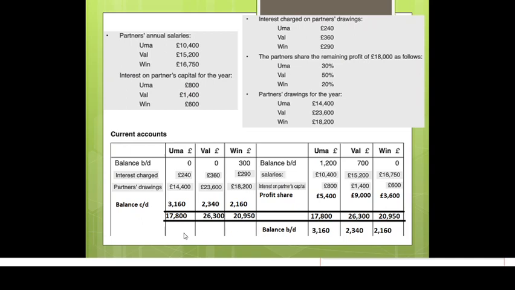They've taken more money out than what they should have. Had the balance brought down been on the debit side at the start of the period, then they would have owed the partnership. Okay, so understand the balance brought down on the credit side is a positive, the debit side is a negative, the credit side partnership owes them, and the debit side is where they owe the partnership.